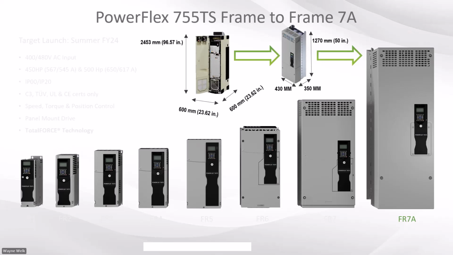So we can go from 755 TS from the lower horsepowers all the way up to 450 horsepower now, depending on what voltage. We can get into 617 amps with the 600 volt series. So that's definitely going to help us in the market.